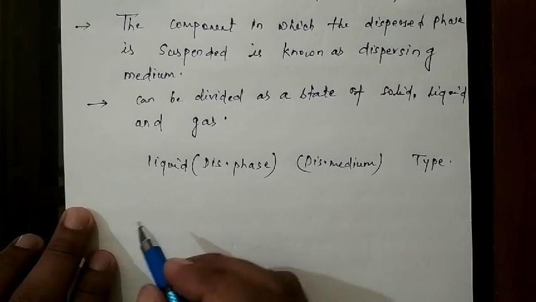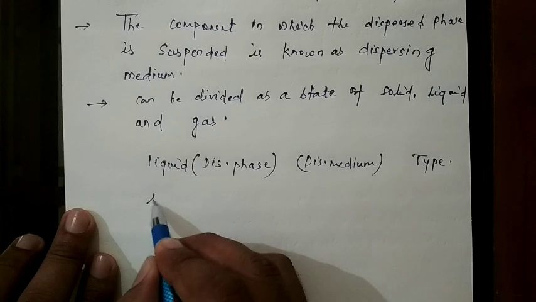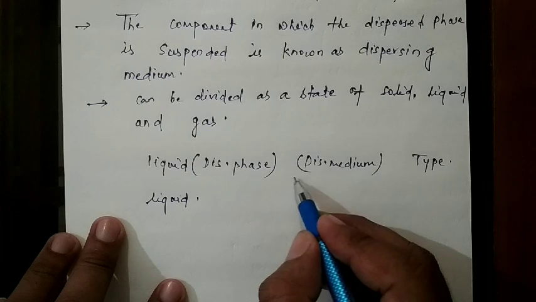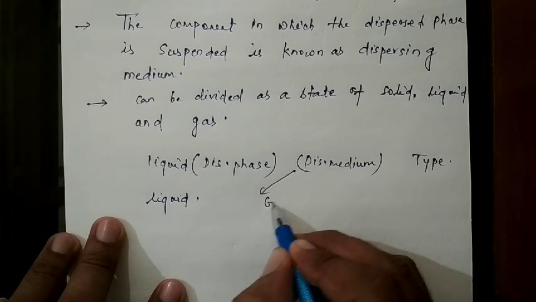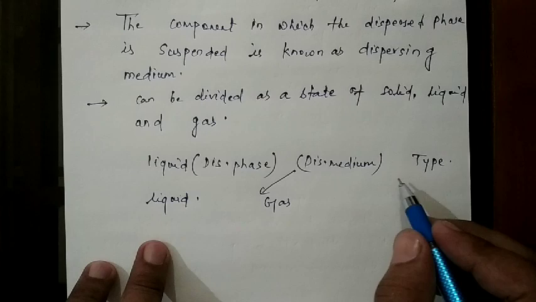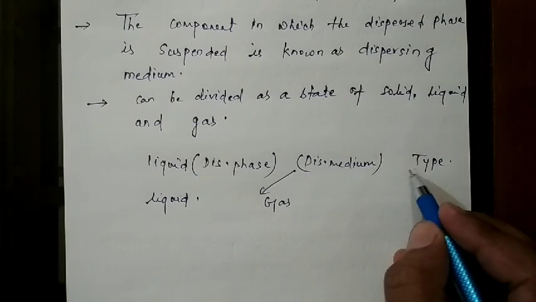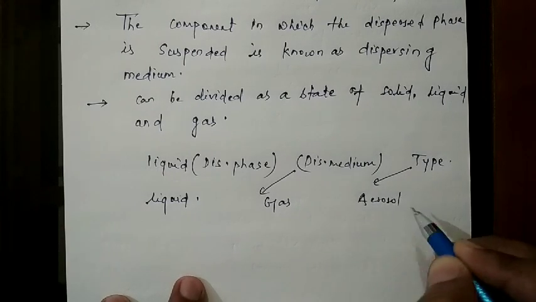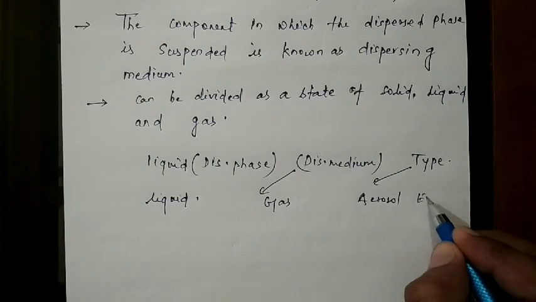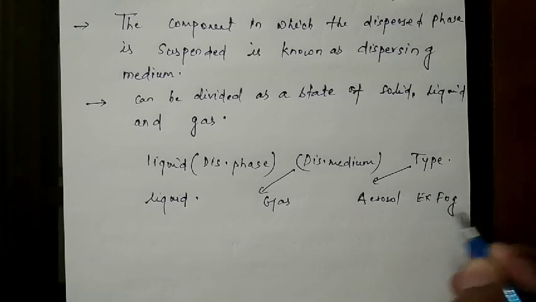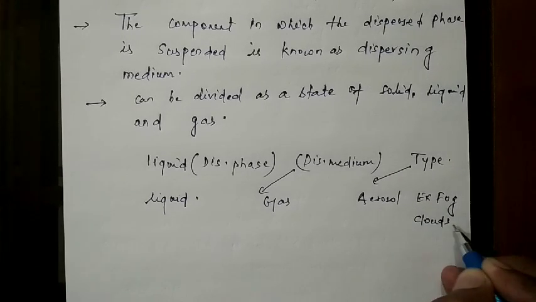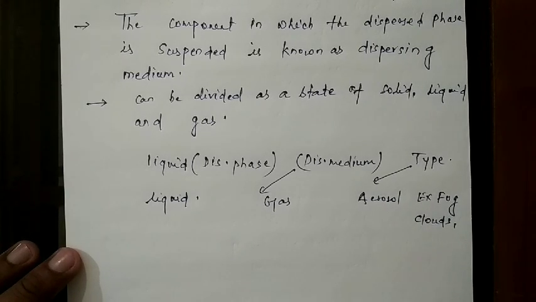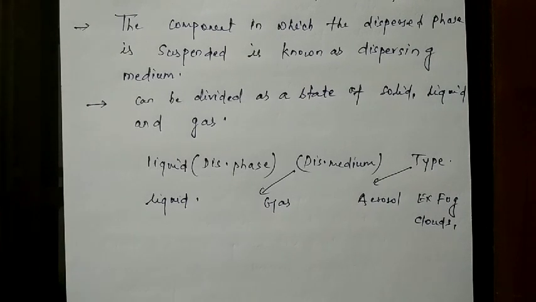So we can have liquid first, then here we can take a gas, and the type of solution is aerosol. So examples may be fog, clouds, etc.